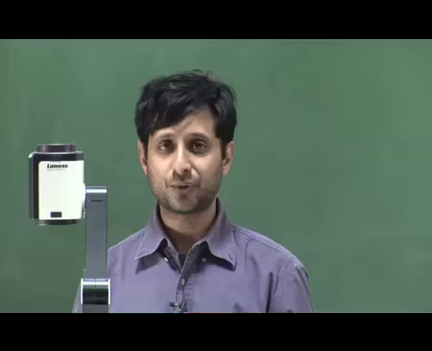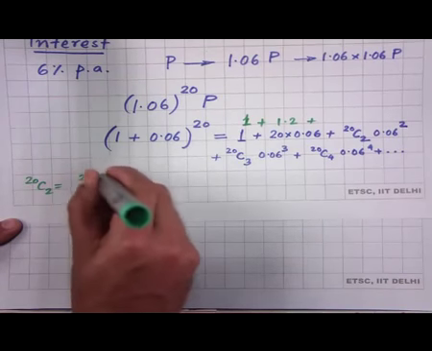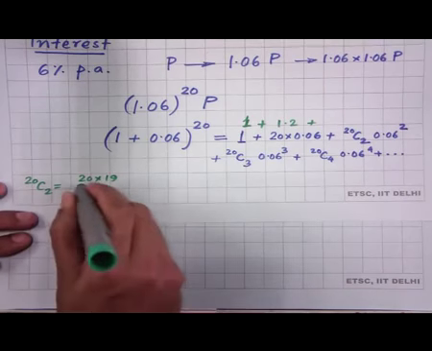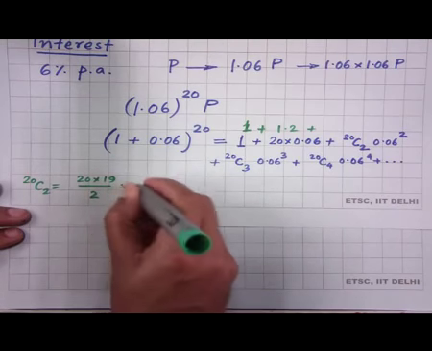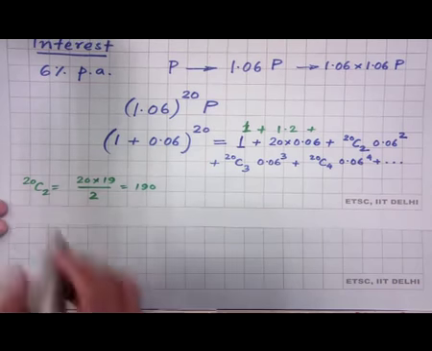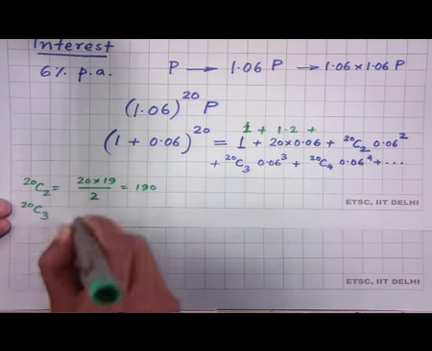So, 18 out of those 20 terms cancel out, all that you are left with is 20 into 19 divided by factorial 2, which is 2. So, this is equal to 190, all right, and I will keep this result also on the side.